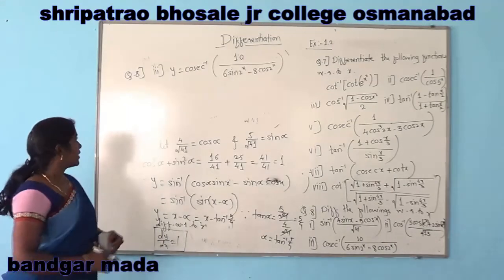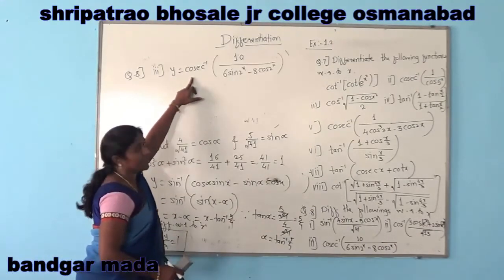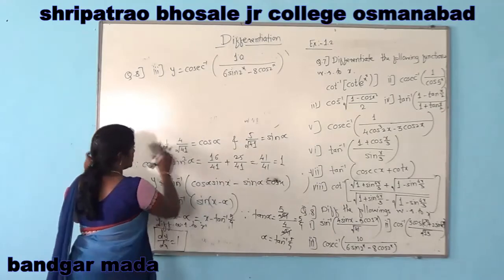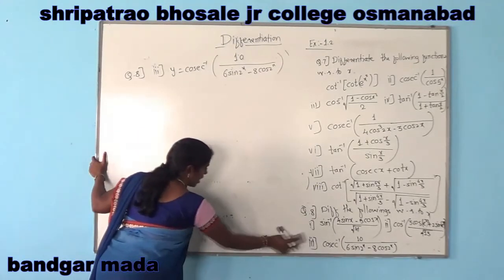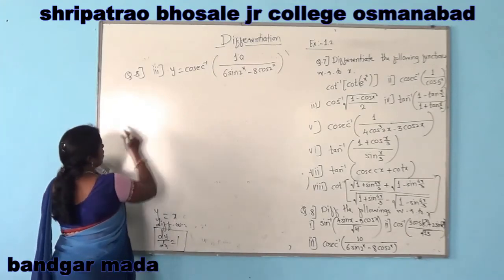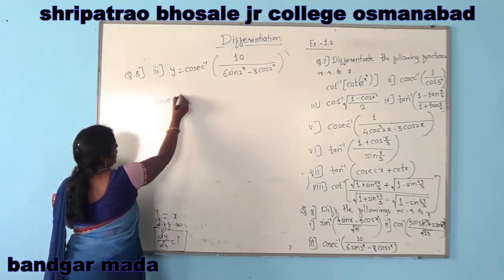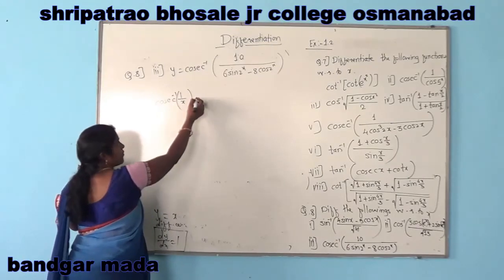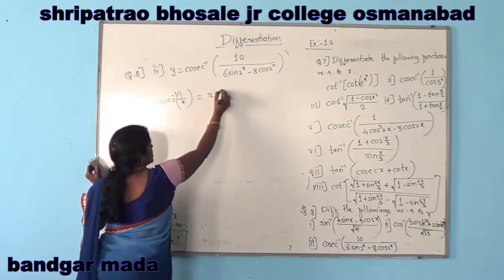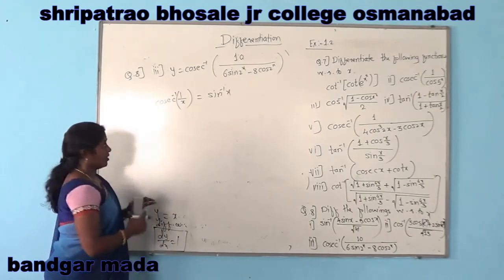First of all, we will convert this cosec in terms of sin, since we know the formula: cosec inverse of 1 upon x is sin inverse x.